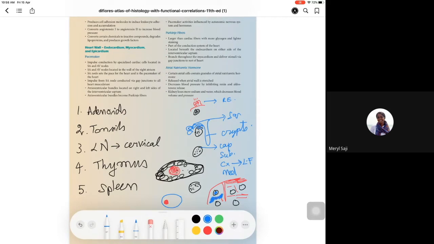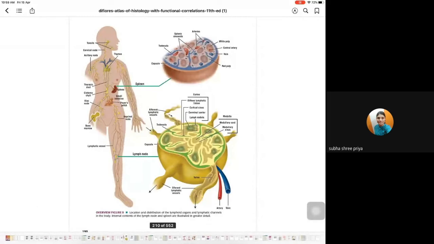Now we will see the pictures. Figure 9. Location and distribution of the lymphoid organs and lymphatic channels in the body. Internal content of the lymph node and spleen are illustrated in greater detail.